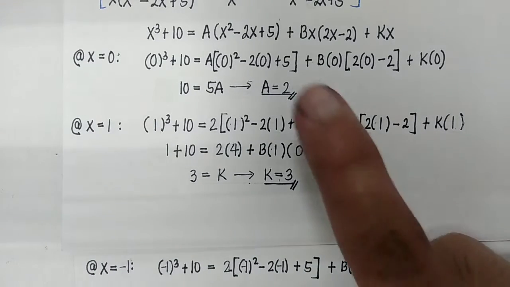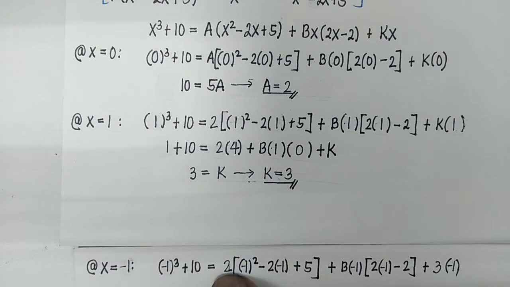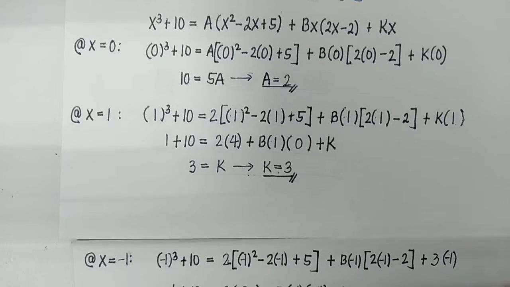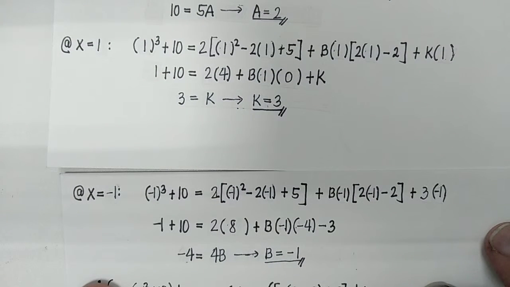Again, the values of A and K are already determined, so we need to put them in here as well. This is your A, and this is your K. So simplifying our expression, we'll get the value of B. So B is now equal to negative 1.